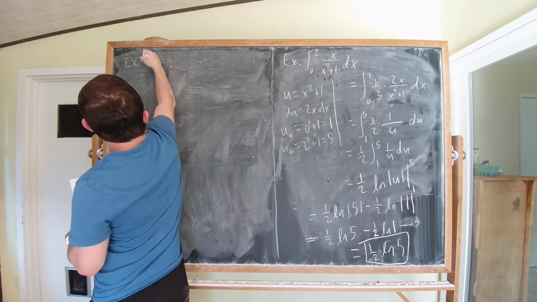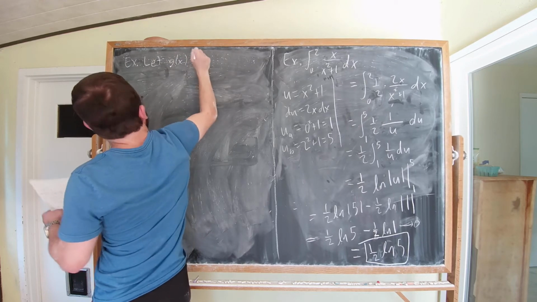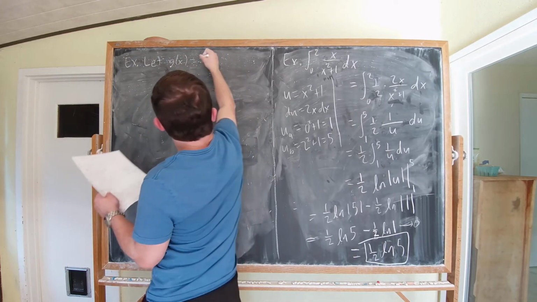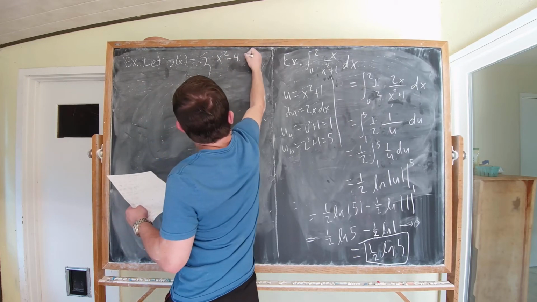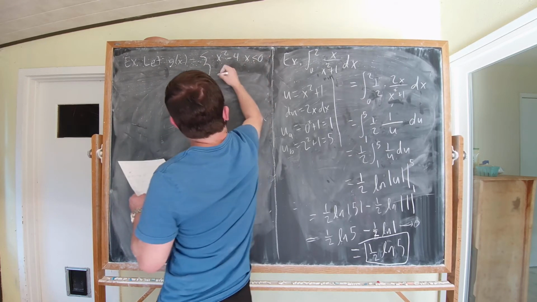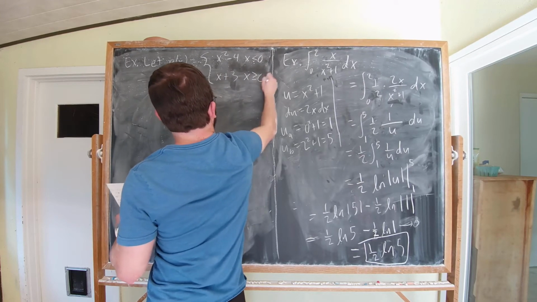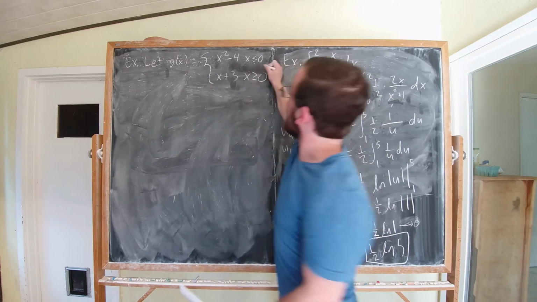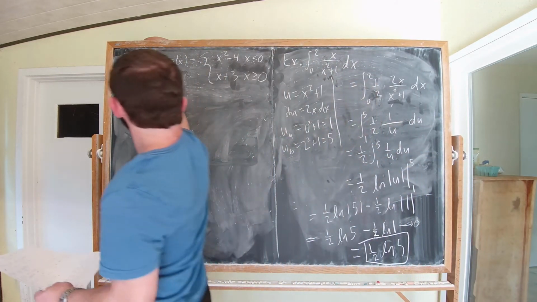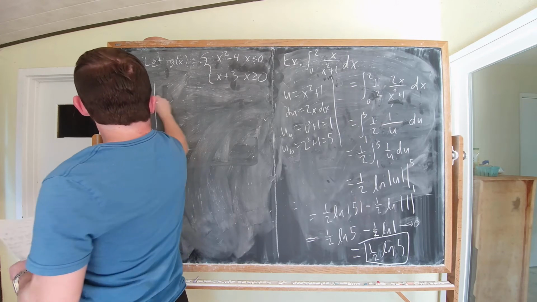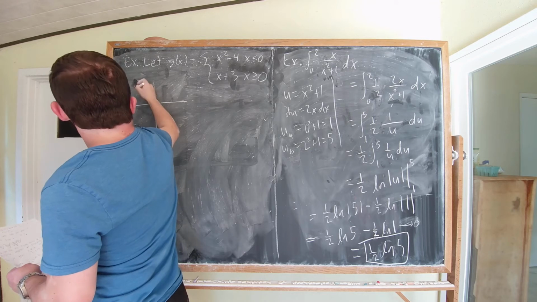Let g of x equal x squared minus 4 when x is less than 0, and x plus 3 for x greater than or equal to 0. So we have a piecewise function. If we were to graph g, it would look roughly like this.